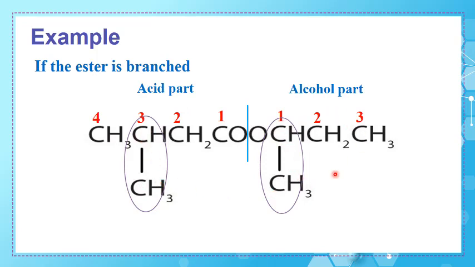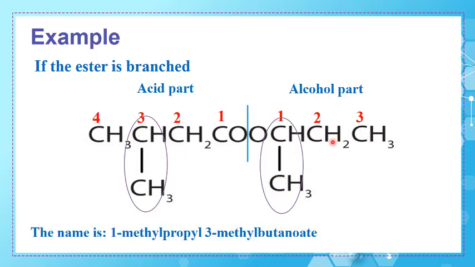Don't forget that the alcohol part is considered as alkyl. 1, 2, 3, it would be propyl, but we have a branch, so it will become 1 methyl propyl, and the 3 methyl butanoate. And this is a typical example that you have to memorize by heart in order to give names for all esters you might face.